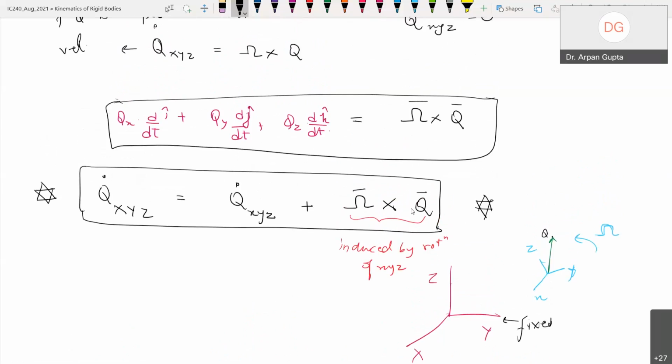Now what we saw in the last class is q vector taking the shape of the r vector.